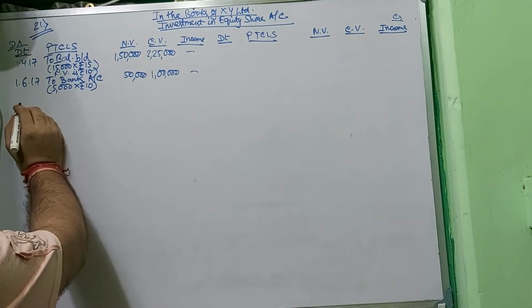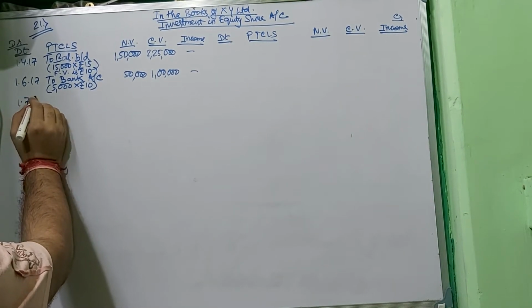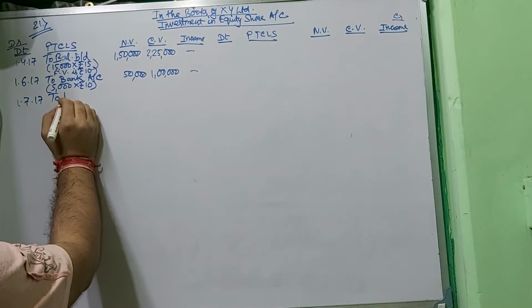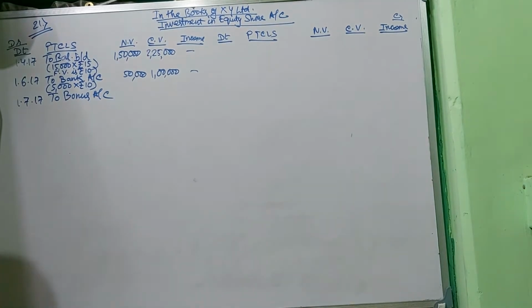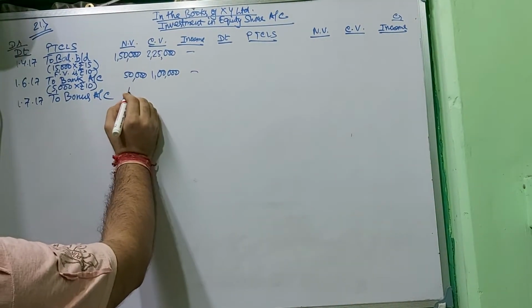So on 1/7, to bonus account, which is 4,000, right?